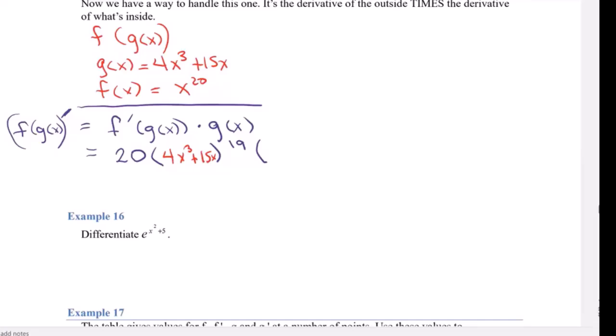So f prime of g of x is 20, and then g of x to the 19th power, still a power rule, n, here's my n, and here's my n minus 1. Then I need the derivative of g, which is g prime, equal to 12x squared plus 15. So that's it. That's all you get. I'm not going to do anything with this.